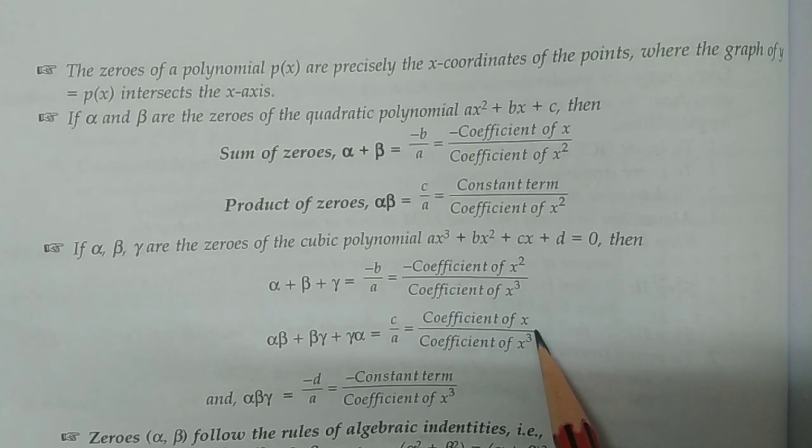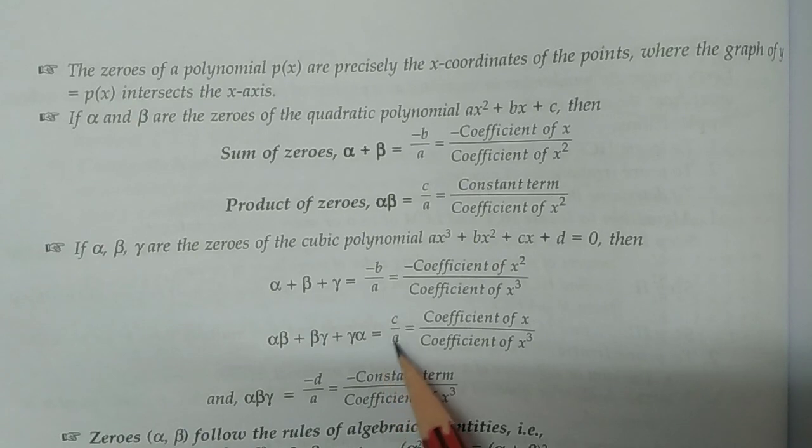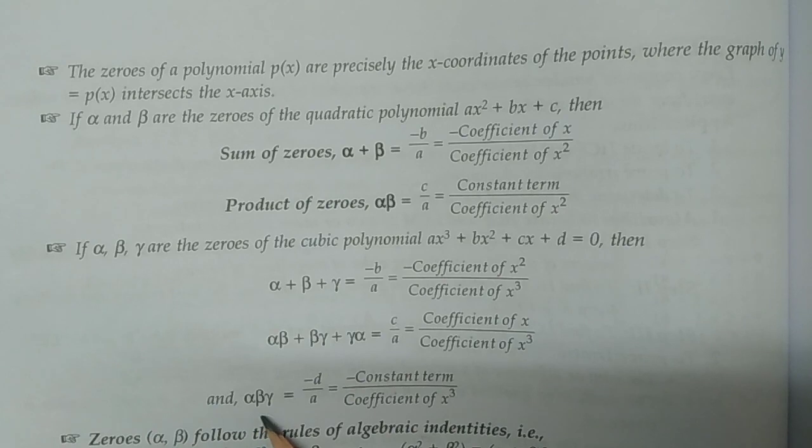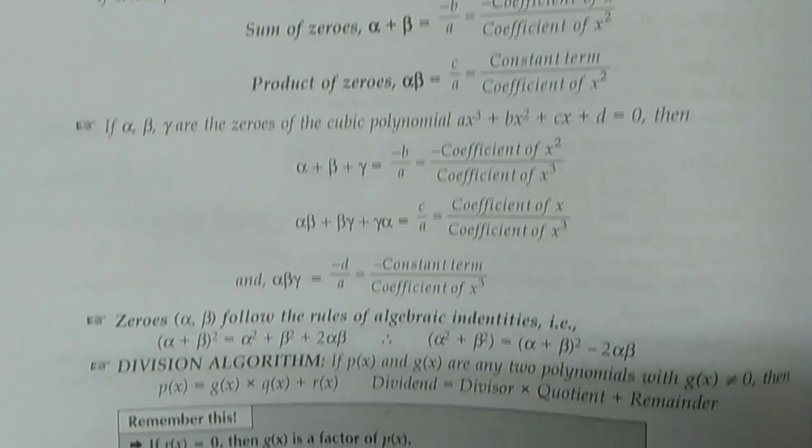So we have completed till here. Now alpha beta plus beta gamma plus gamma alpha equal to c by a, that is coefficient of x by coefficient of x cube. So we have completed till here. Now alpha beta gamma equal to minus d by a, that is the constant term by coefficient of x cube. So let's start from here.